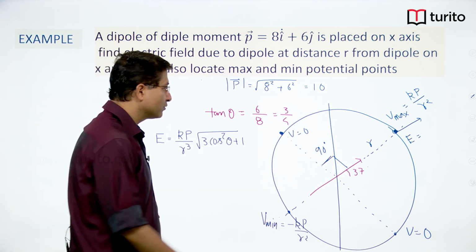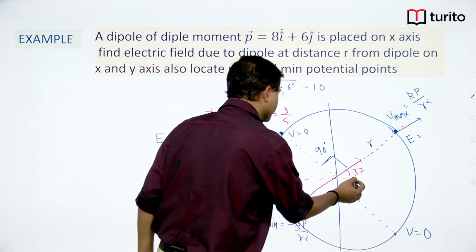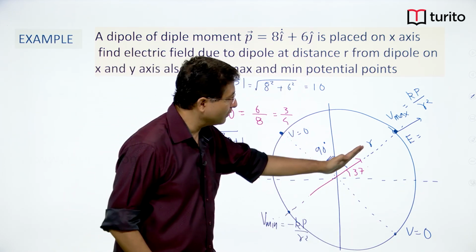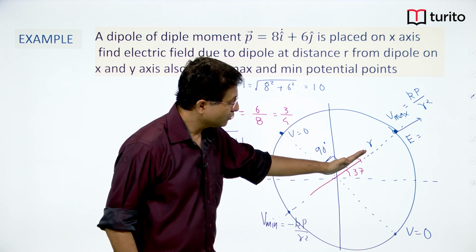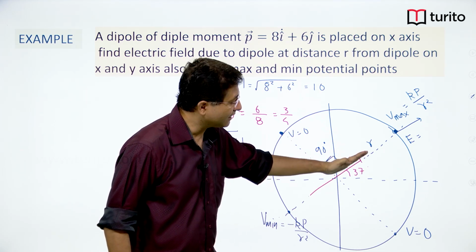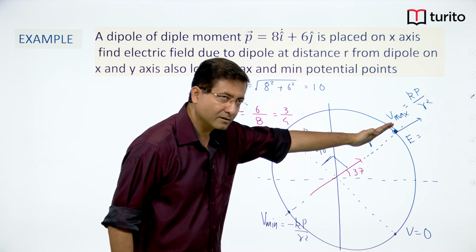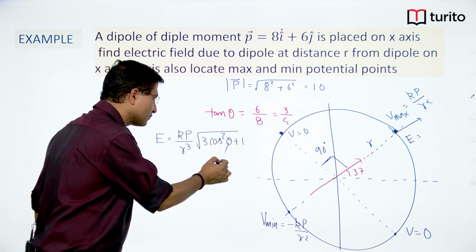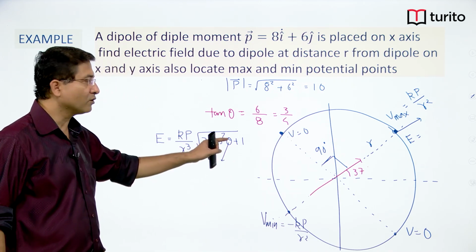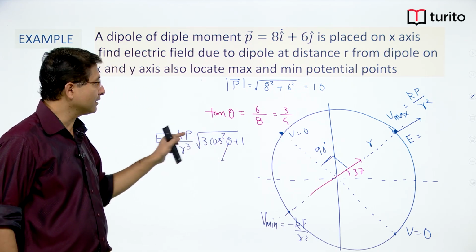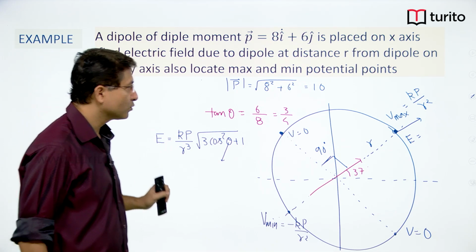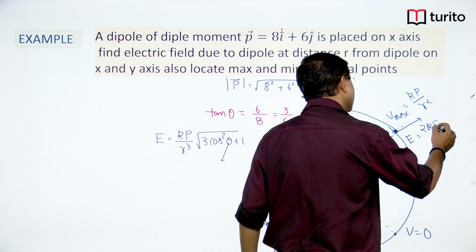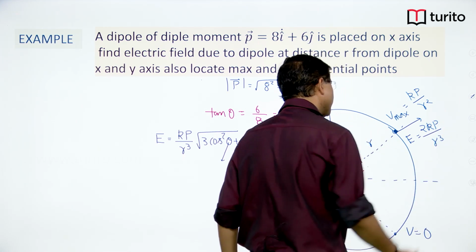Now the dipole moment is in this direction, so at theta equal to 0, in the same direction, cos 0 is 1, this becomes under root 4, that is 2. So here the field will be 2 kp divided by r cube.